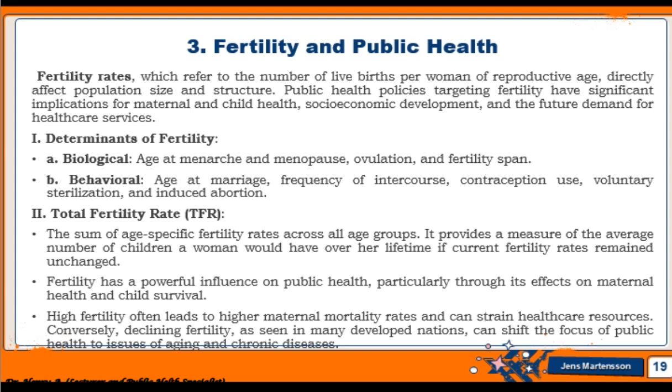Now, once again, let me further explain the total fertility rate. Like I said, it measures the average number of children a woman would have during her lifetime, assuming current fertility rates across age groups remain unchanged.